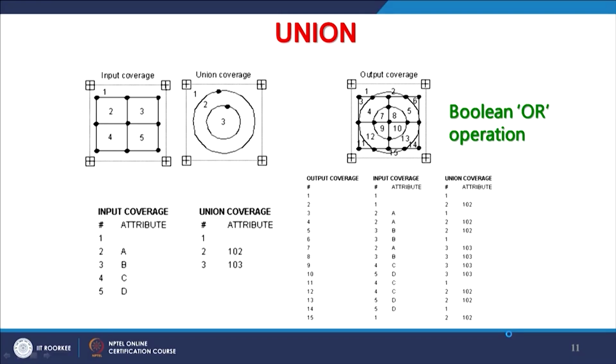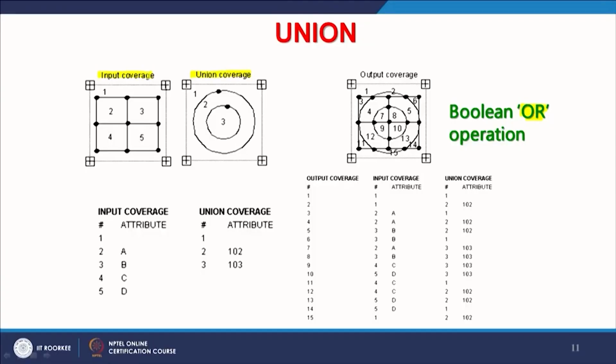Now, what would happen with this union operator, the OR operator? For the union, this OR operator, my attribute table will become richer and richer because it is getting information from the second layer also.